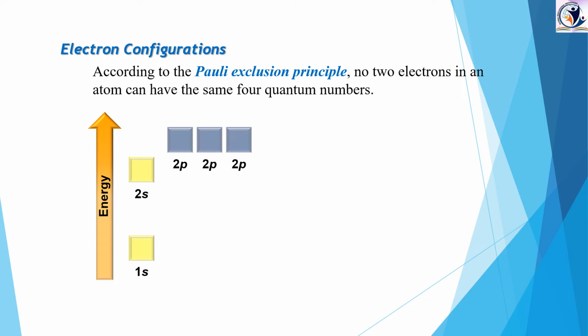The four quantum numbers give an idea of the electron present inside the atom around the nucleus. So according to Pauli's exclusion principle, no two electrons in an atom can have all four quantum numbers the same. Let us see with an example, then you can understand clearly.